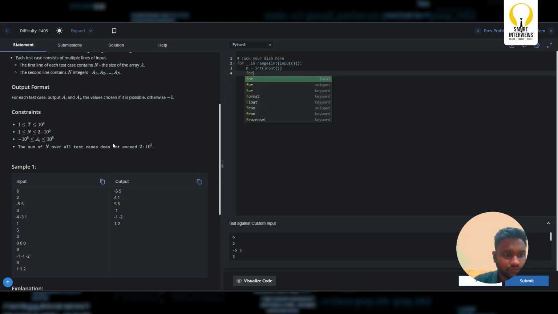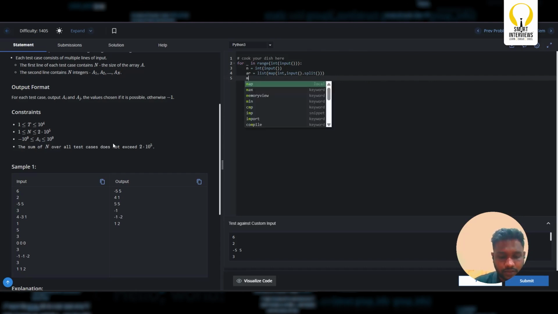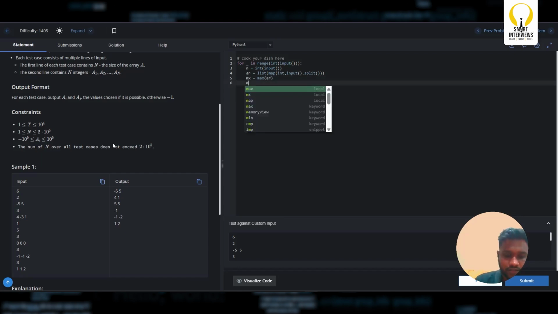Our array is, we'll scan this. Okay, this is our array. Now we need the max of the array, so mx equals max of the given array, and mi equals min of the given array.